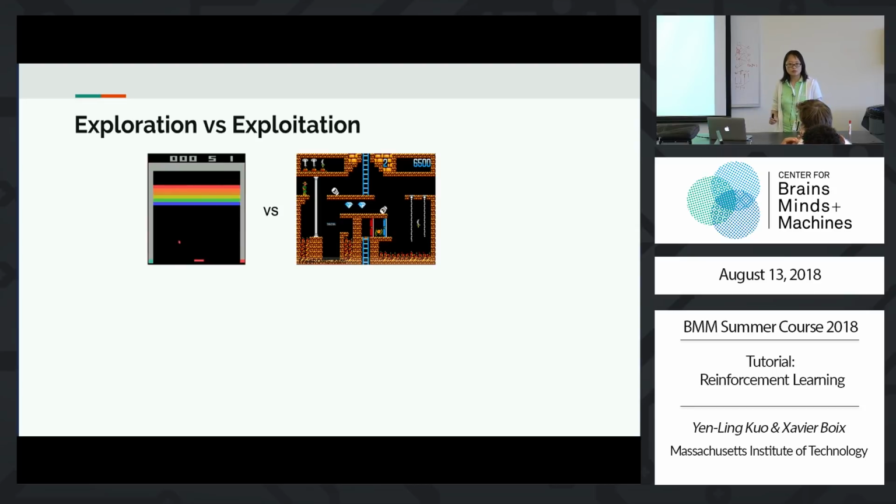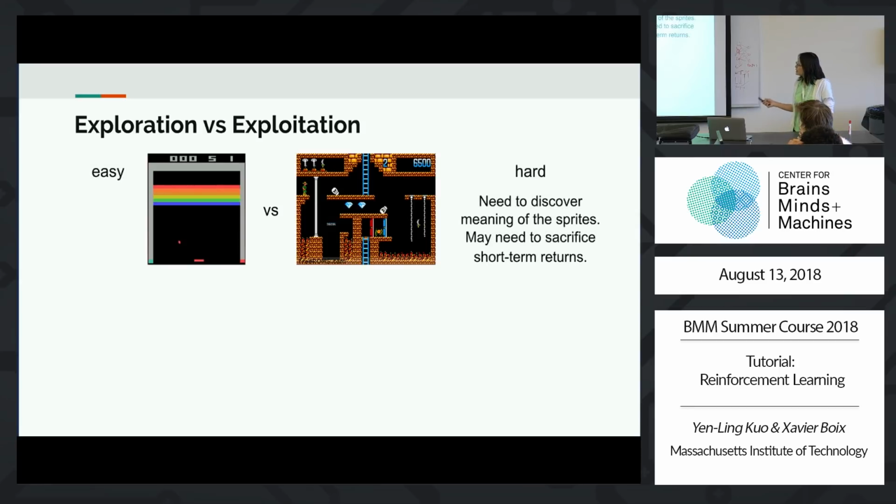You don't need to explore, you can know the rules and how to play, and that's it. But this one is probably not so easy, because you need to explore a lot more. For example, you need to explore to figure out what each of the sprites means, and to get to the key and open the door. These are also compositions of tasks, which are probably not easy to explore and find a solution for.